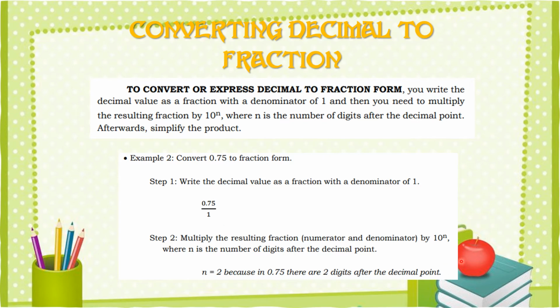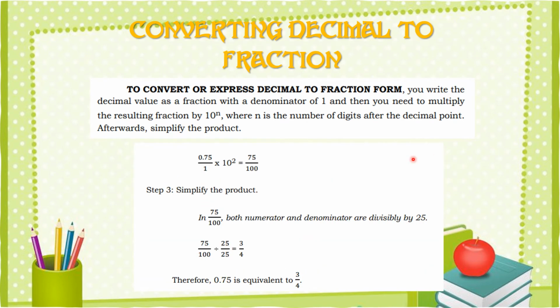Multiply this by 10 raised to n, where n is the number of digits after the decimal point. In our given 0.75, we have 2 decimal digits after the decimal point. So therefore, our n is equal to 2.